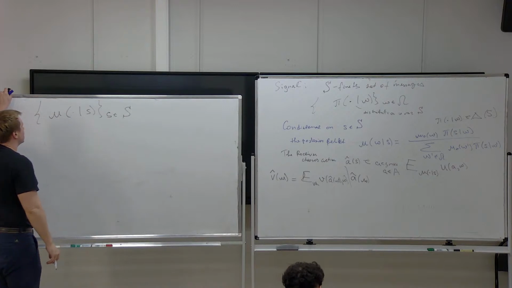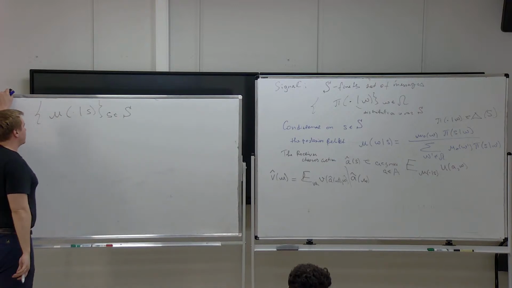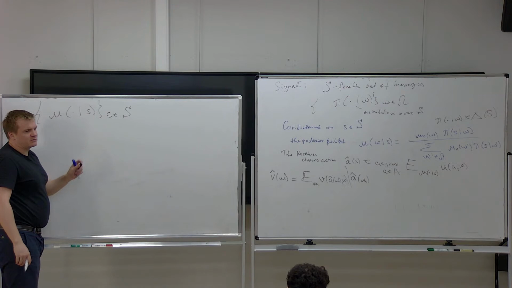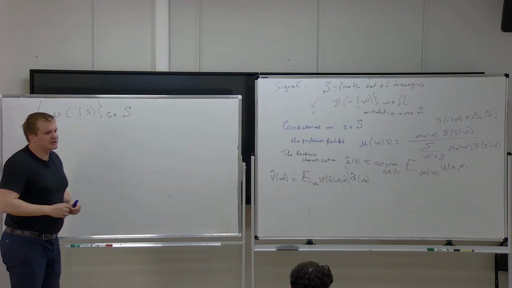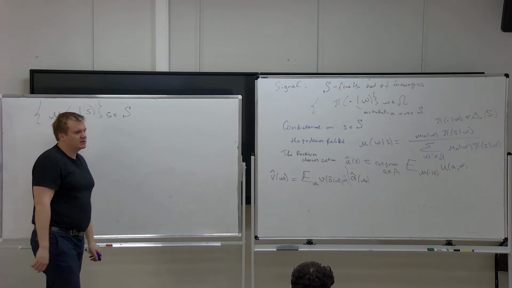Now, the question is, for a small s, with which probability will I see the signal s?